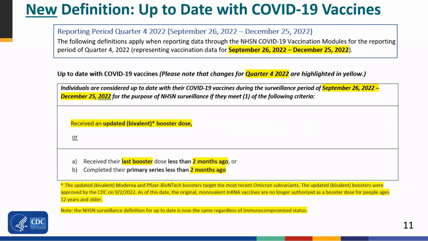As you can see here, individuals are considered up-to-date if they have received an updated bivalent booster dose, or received their last booster dose less than 2 months ago, or they have completed their primary series less than 2 months ago. Please note that this definition is the same for those who are moderately to severely immunocompromised.